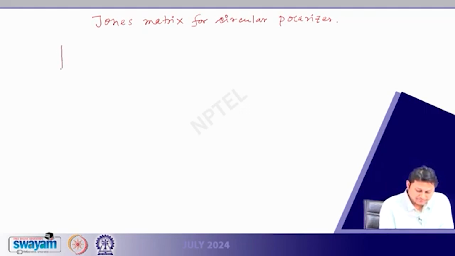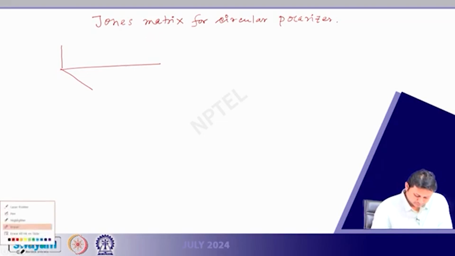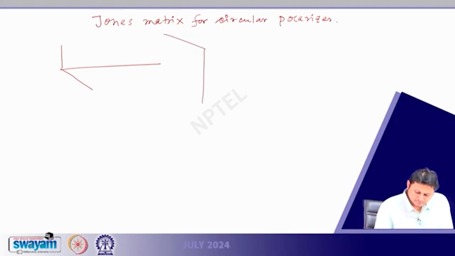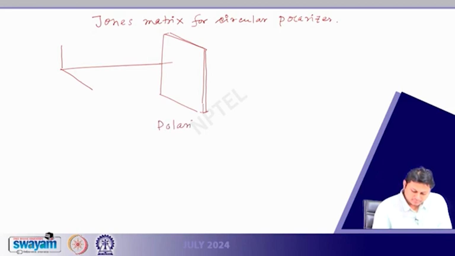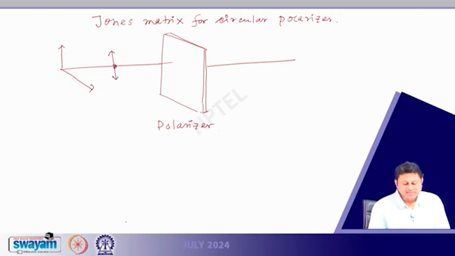The thing is, here we have a polarizer, and what this polarizer does is, if I launch light with any arbitrary polarization, then on this side we will always get circularly polarized light.